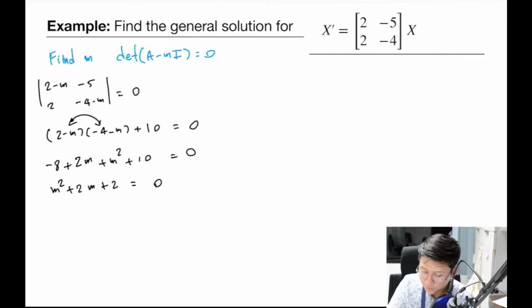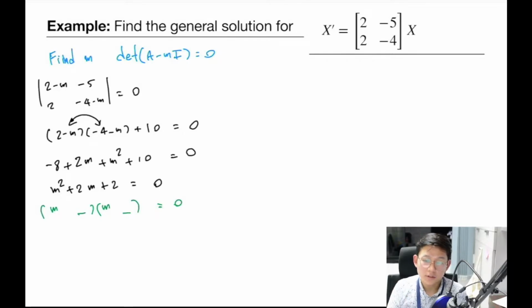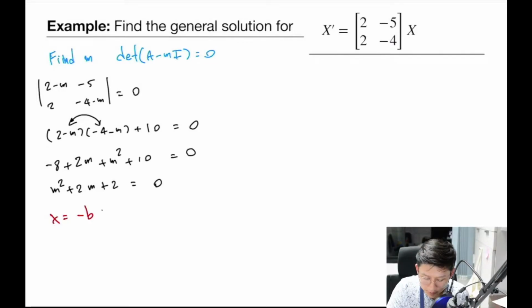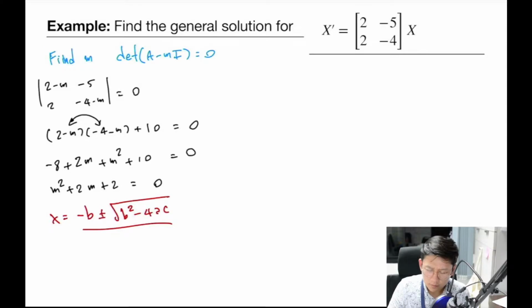Okay, and then you try to factorize this, and you can see that you can't really find numbers here to make this true. So in that case, we need to use the formula. The formula, if you remember, is x equals minus b plus or minus square root of b squared minus 4ac, divided by 2a.